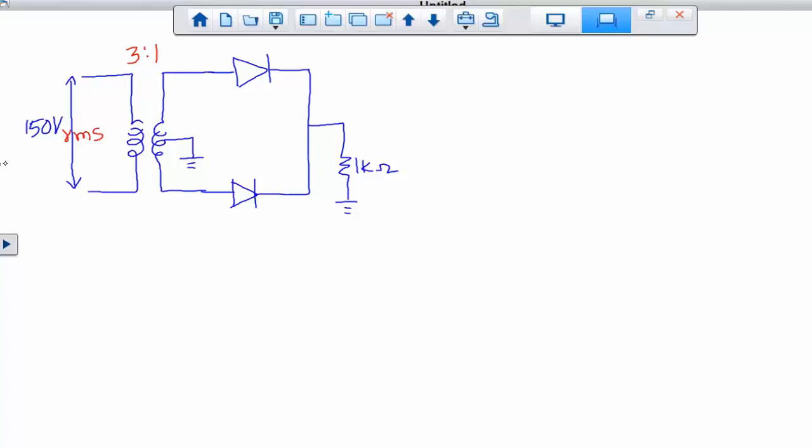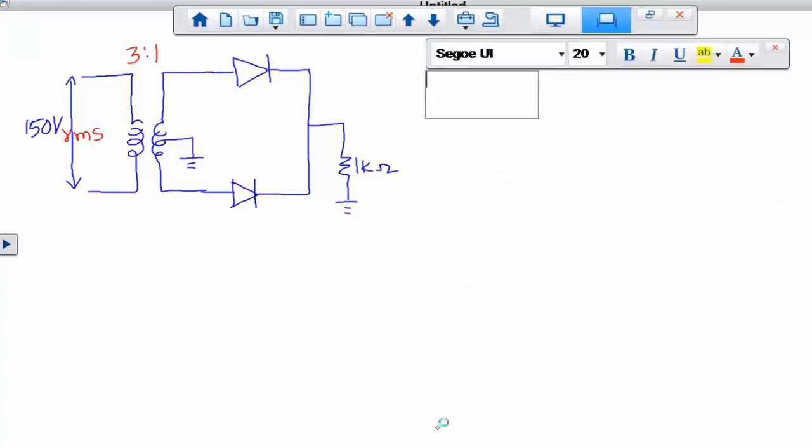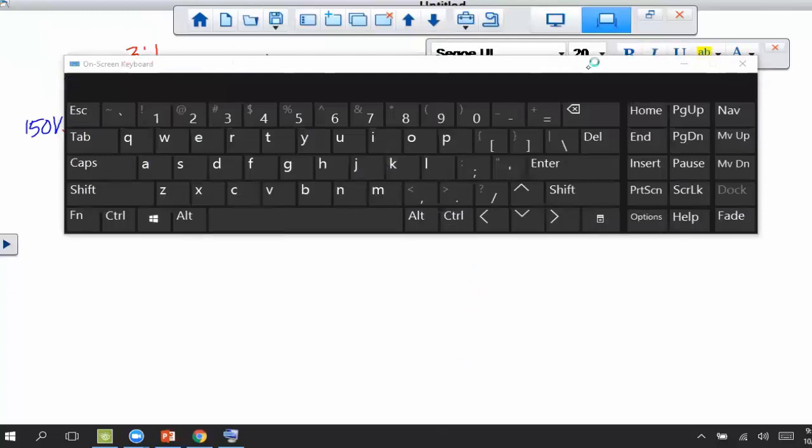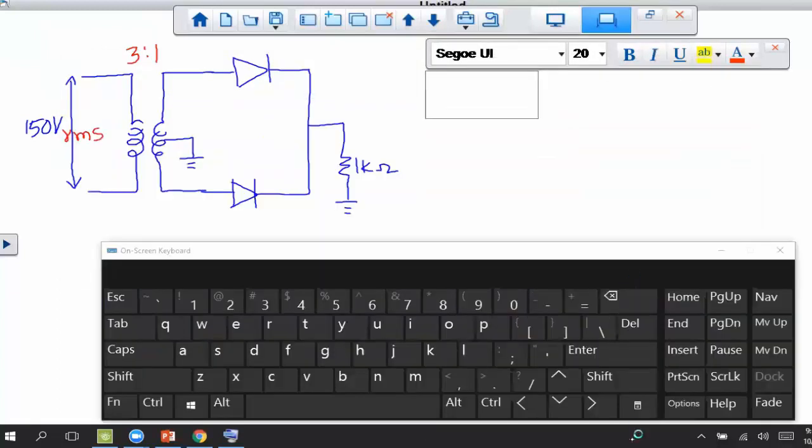So the turns ratio is 3:1. The primary voltage is 150 volts RMS. So let's say what we are looking at is, in order to get peak, we can multiply that by 1.414.